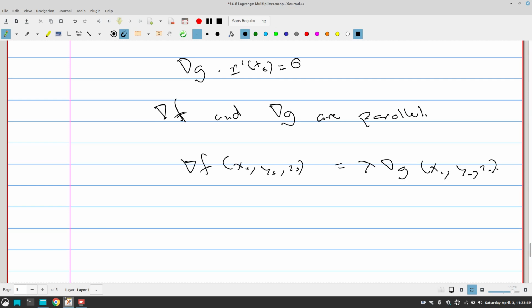So the method of Lagrange multipliers is that you're given a function, and you're given a constraint for the function.